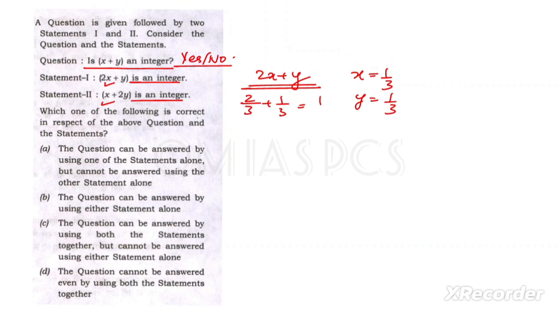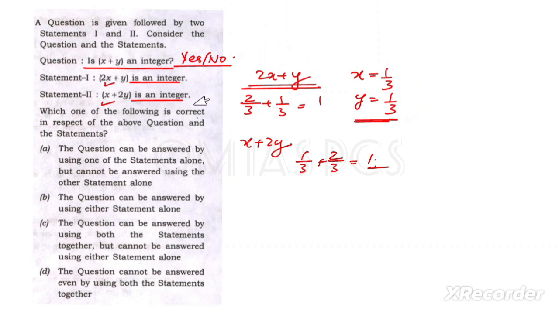If you see the second statement, here is also x plus 2y, so same, you have to substitute this value. It will be 1 by 3 plus 2 into 1 by 3, that is 2 by 3, so it will be 1. Okay, so we are getting statement 1 is an integer, and statement 2 is also an integer.